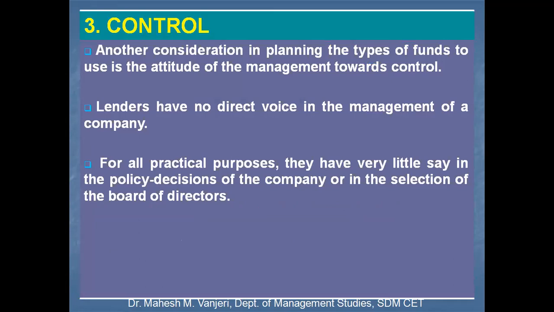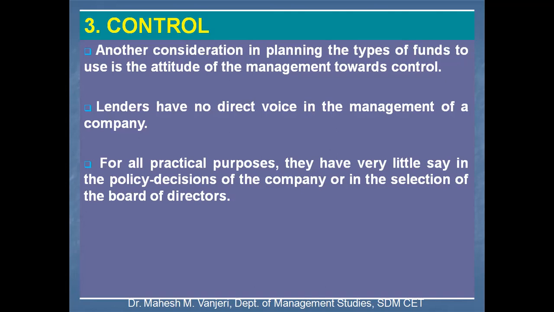Then the third factor that can influence the capital structure design decisions, or the proportion of debt and equity in the total capital, is control, meaning management control. Please try to understand, equity shareholders are the true owners of the company.